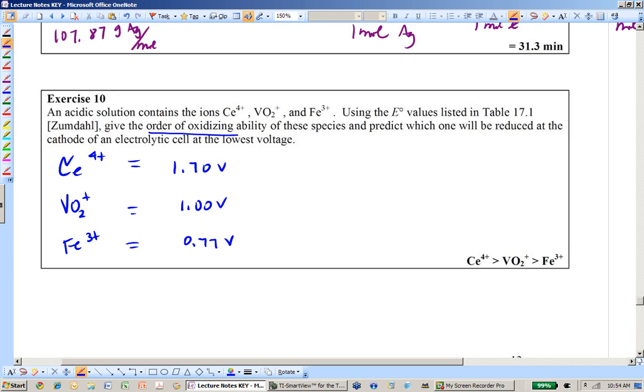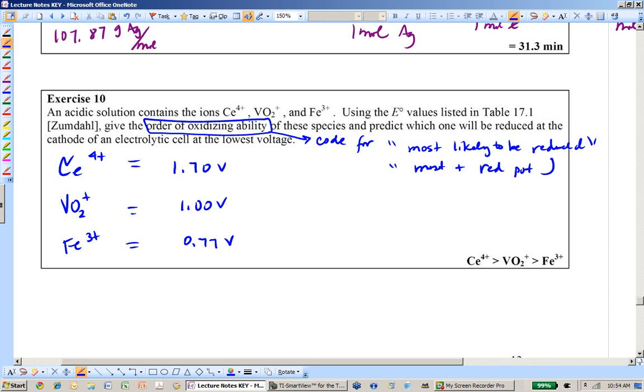So, order of oxidizing ability is code for most likely to be reduced, which you've already learned is most positive reduction potential, and that was a reduction potential table, is the most likely to be reduced.